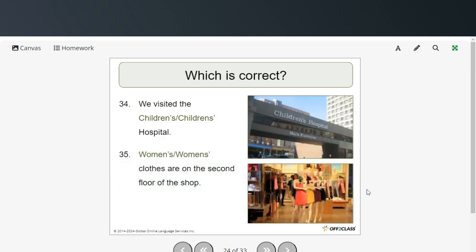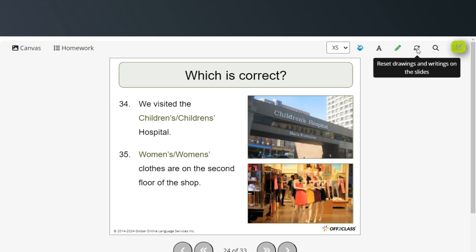So we would treat these irregulars just like the singular forms. Okay, so we visited the Children's Museum. So the correct form would be the first one, because we don't use the S apostrophe because children is an irregular noun. So this one would be women's clothes are on the second floor of the shop.